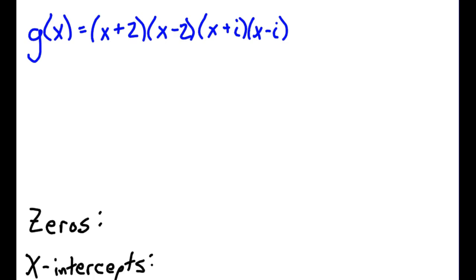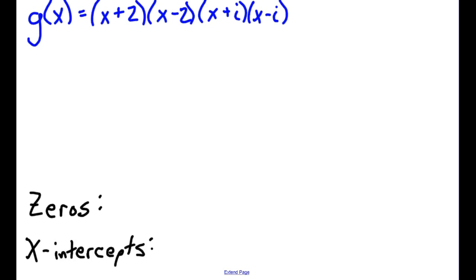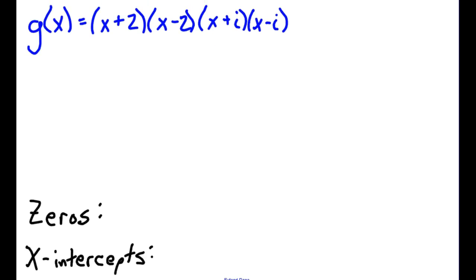Another example, we have g of x equals x plus 2 times x minus 2 times x plus i times x minus i. Same thing, we first want to write this in standard form, and then we want to identify the zeros and the x-intercepts of the graph. So, starting out, I'm going to FOIL x plus 2 and x minus 2 because those are a difference of two squares.